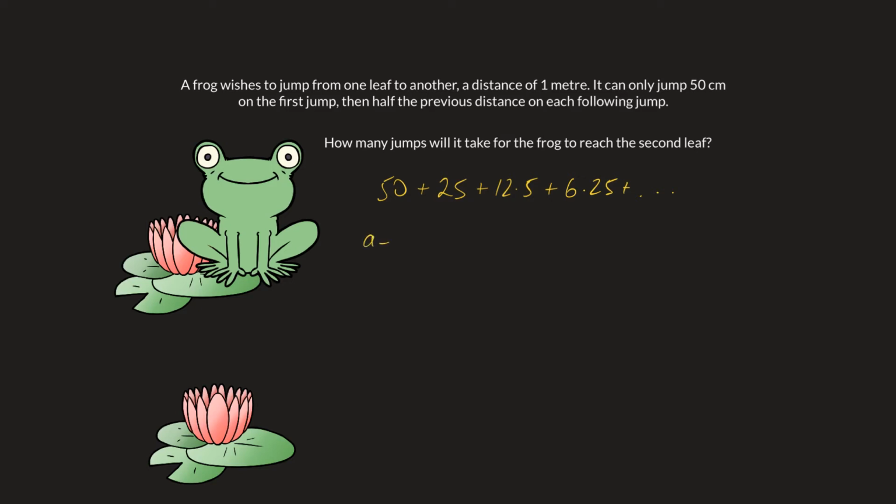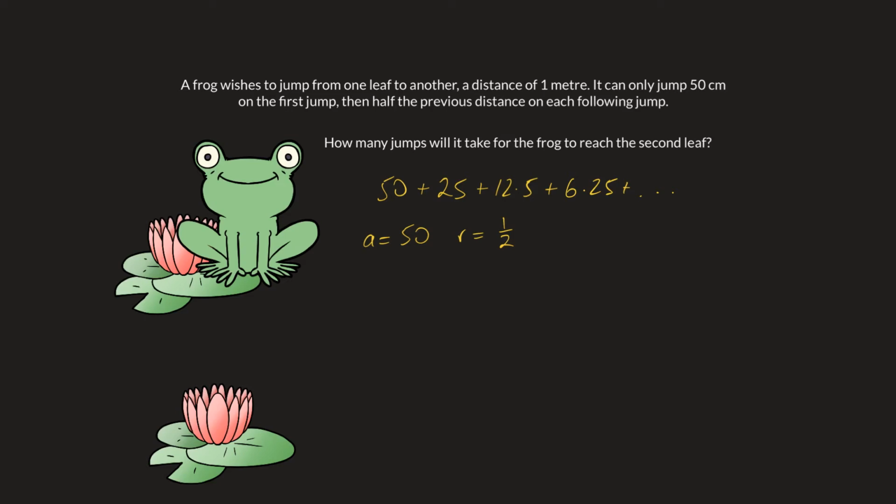So we can see our first term is going to be 50, our ratio, or R, is going to be 1/2, and this is going to be like our second graph we looked at with our terms. They're going to get very, very close to 0, but never actually get there.